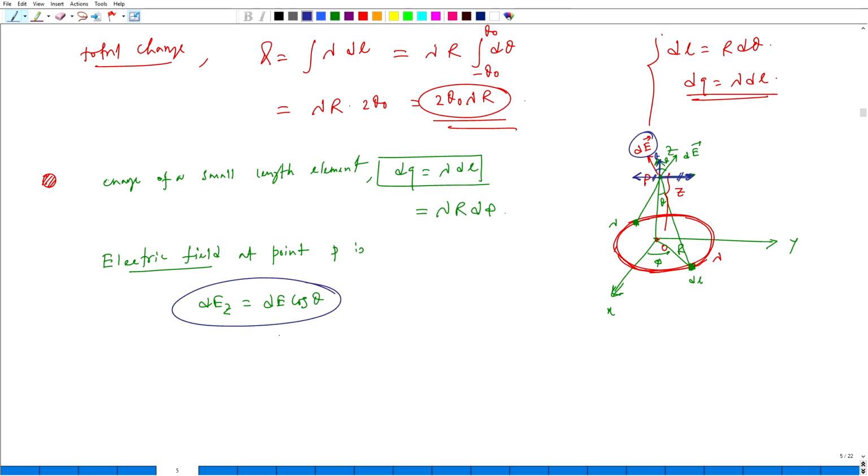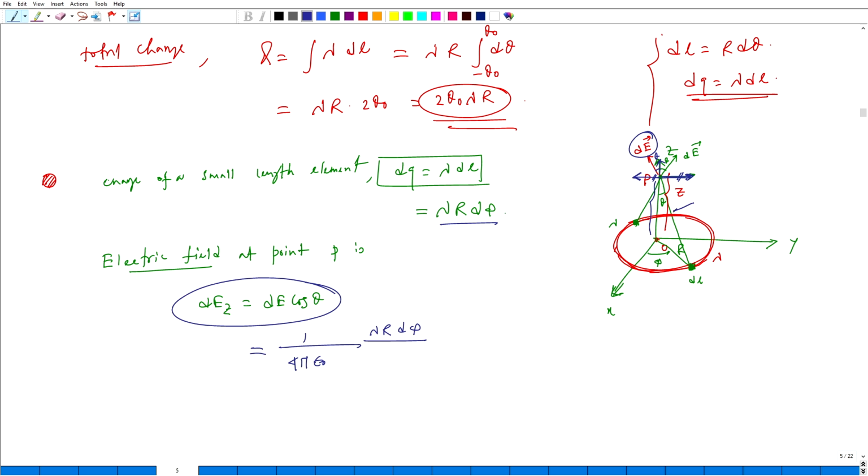Now if we calculate the dE, dE is basically 1 over 4 pi epsilon naught times dq. So dq is lambda times r times d phi. So lambda r d phi over, now what is the distance? This one is r and this one is z, right.